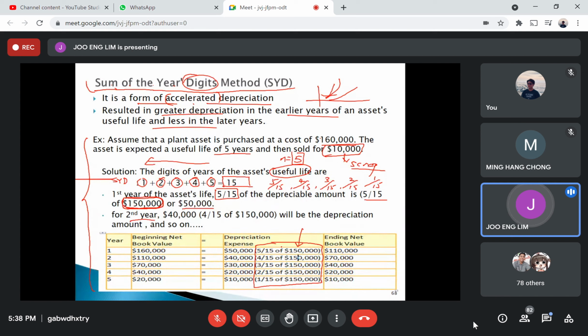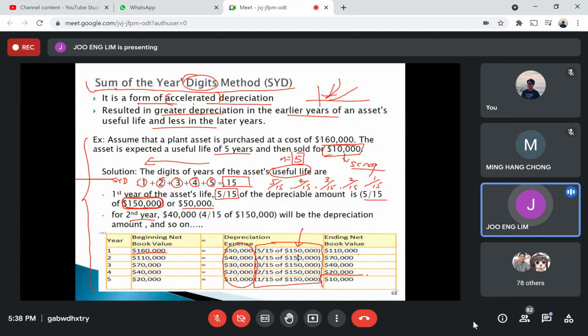Can you see they are the same, because this rate is multiplied by the depreciation base, and then you get this. Only then you minus it off from your asset value that is initially 160, minus this, you get this. Push it to the second year, this minus this, you get this. This minus this, you get this. Moving on, this minus this, you get this.